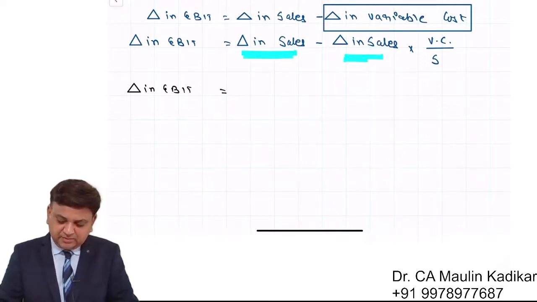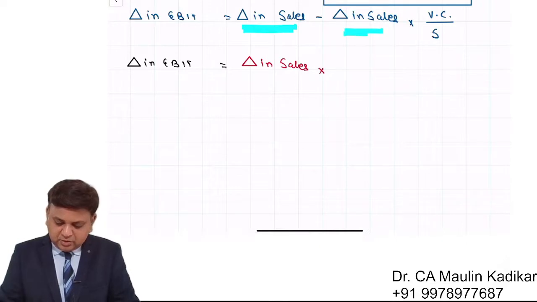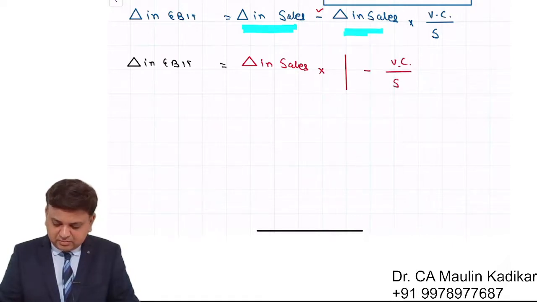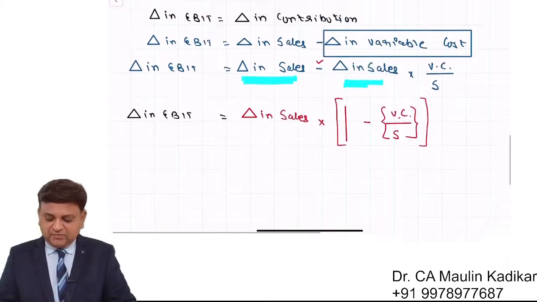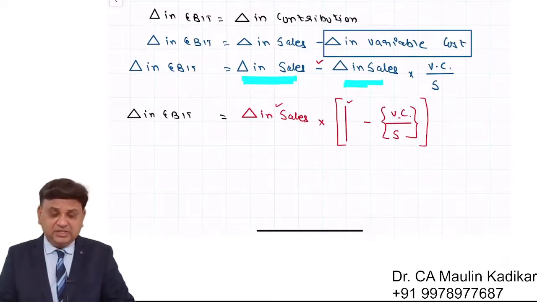So I take that common. So change in sales into 1 minus, minus sign is from here, variable cost upon sales. Okay, 1 is taken common, that 1 in the bracket is representing change in the sales.